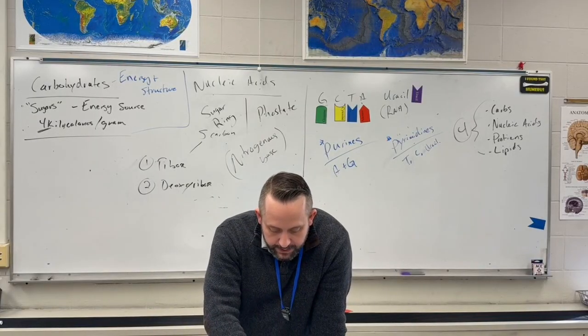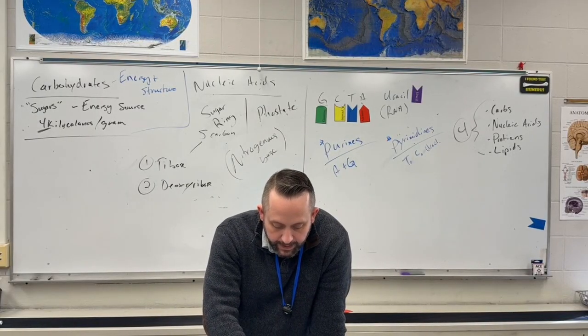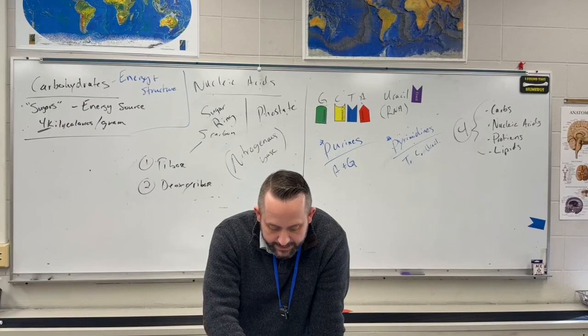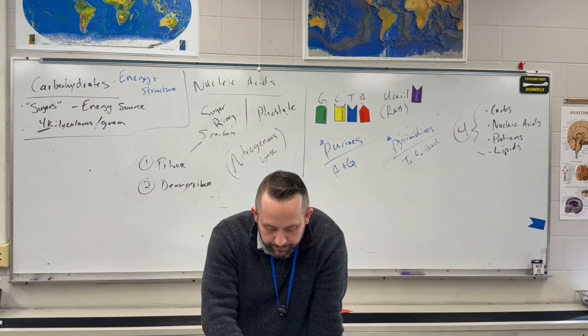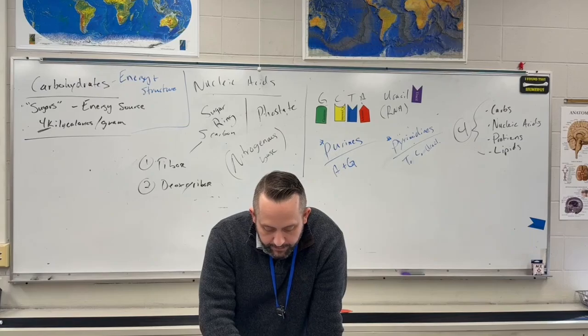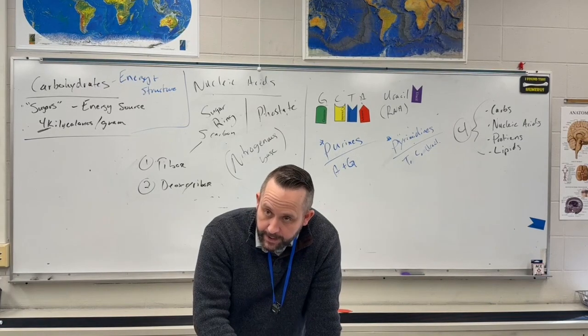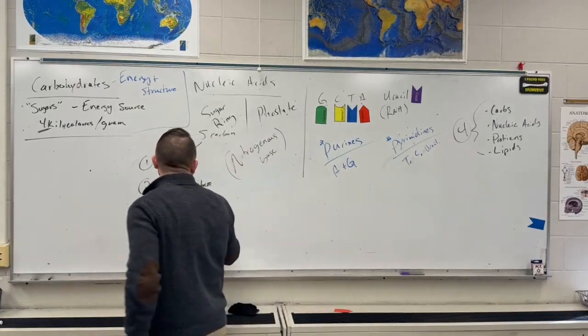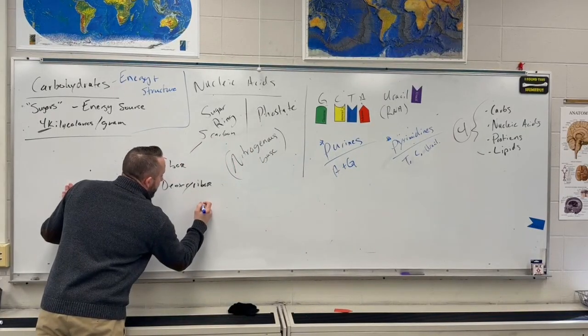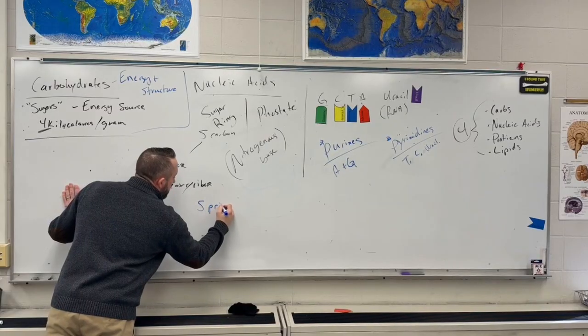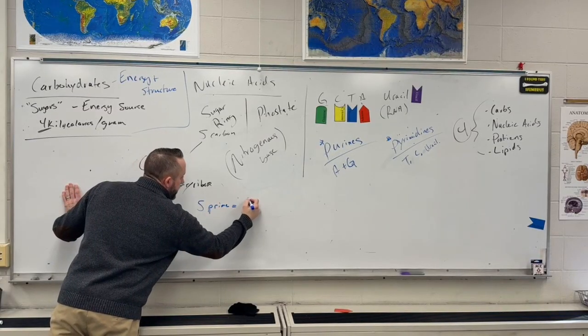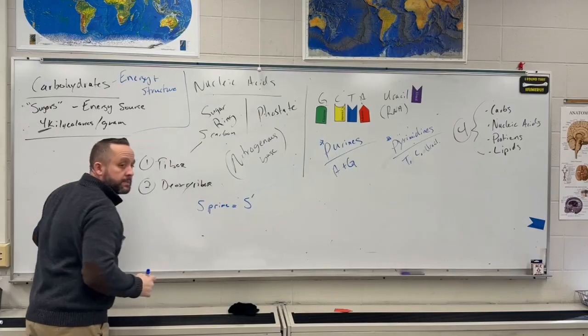The polynucleotide chains have polarity, meaning the two ends are different. One end has a phosphate and the other end has an OH group from the sugar. And we call those the 5' and the 3' ends. So 5', which is sometimes written as 5 and a little hash mark at the top.